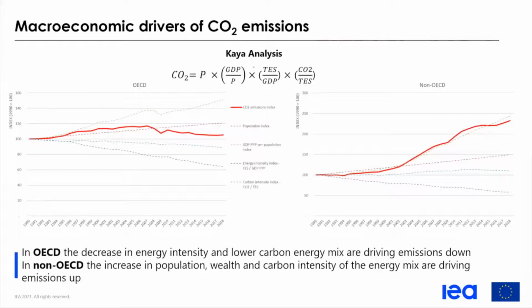As illustrated in the graph on left, among the OECD, decreasing the energy intensity of the economy alongside lower carbon intensity of the energy mix have been driving the emissions down. On the other hand, among the non-OECD countries, increase in population, GDP per capita, and carbon intensity of the energy mix have been driving upwards trends in CO2 emissions, while the reduced energy intensity is slightly offsetting this increase.